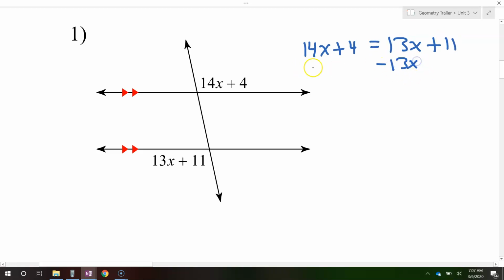If I subtract 13x from both sides, I get x plus 4 equals 11. And then I subtract 4 from both sides, and I get x is equal to 7.